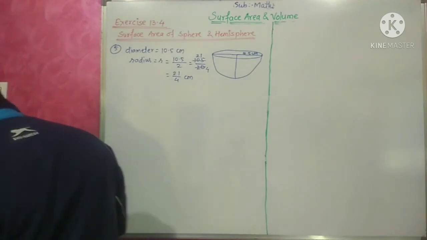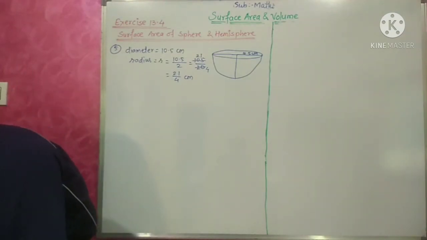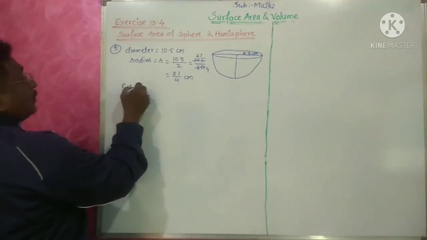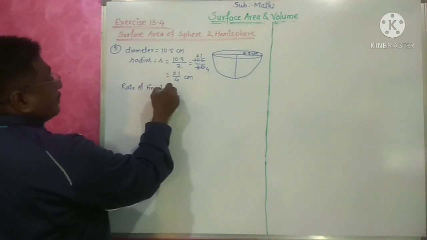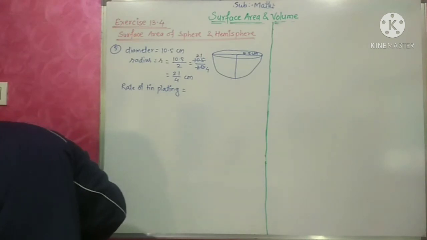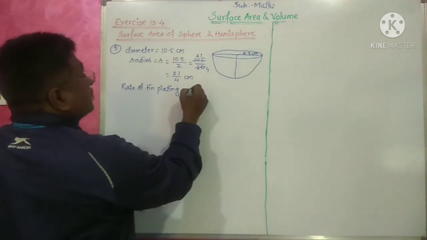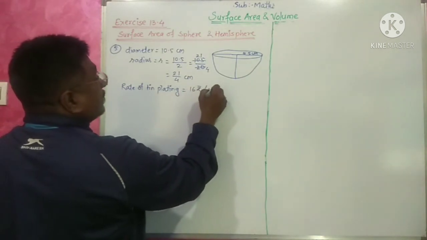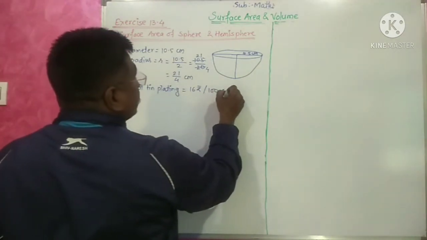And again what is given? The rate is given. Rate of tin plating, 16 rupees per 100 centimeter square.